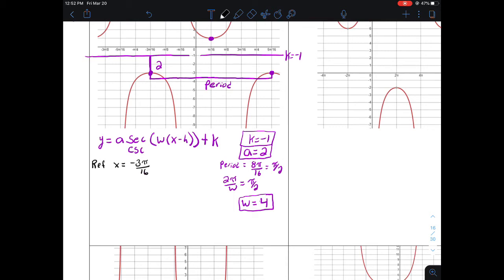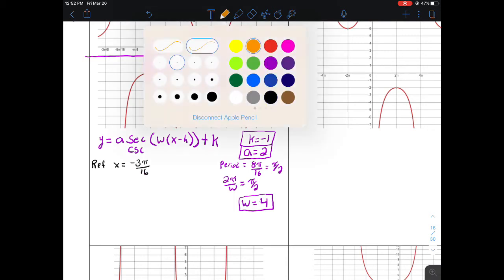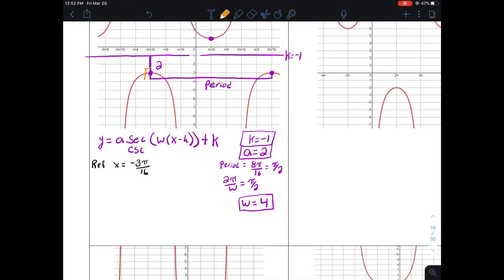All right, so I go to negative 3 pi over 16 and say, all right, well, what is happening here on my secant or cosecant curve? Well, we need to figure out, even before that, if I base my equation off a peak, do I use secant or cosecant?